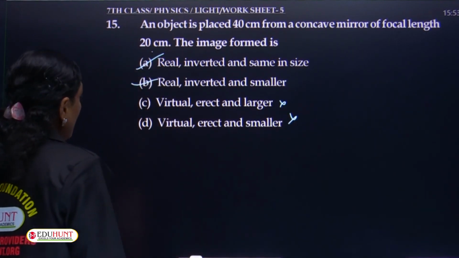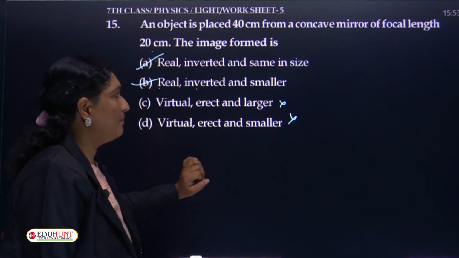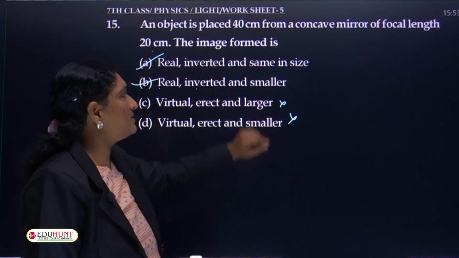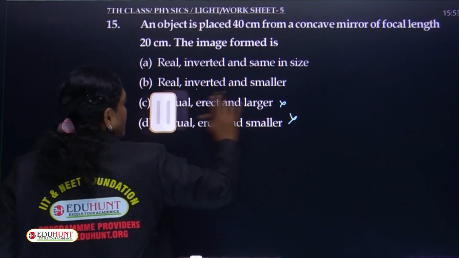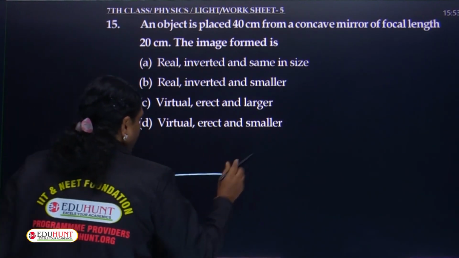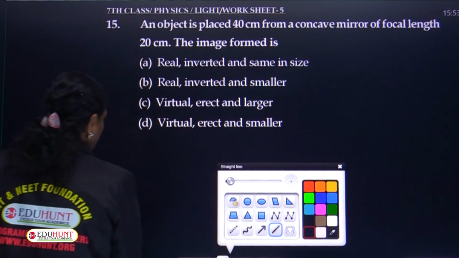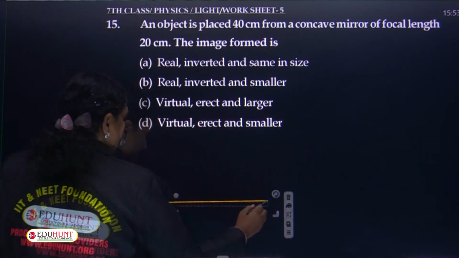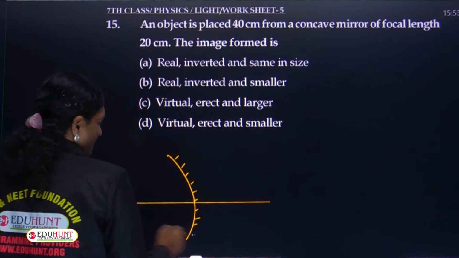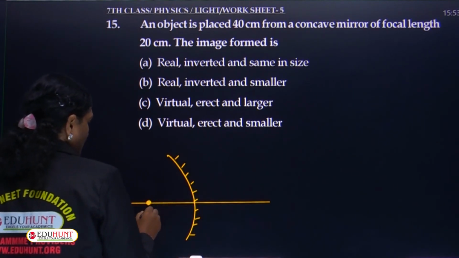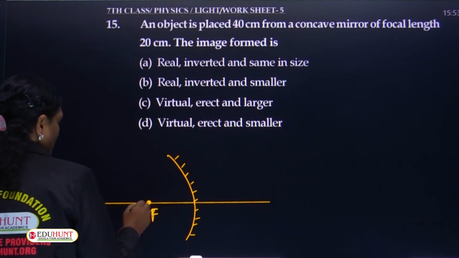So now, no doubt you are getting a real and inverted image. But do you get the same size or a smaller size? Whenever an object is kept at the radius of curvature, let us visualize this. This is your concave mirror, focal length, focus point, and center of curvature.